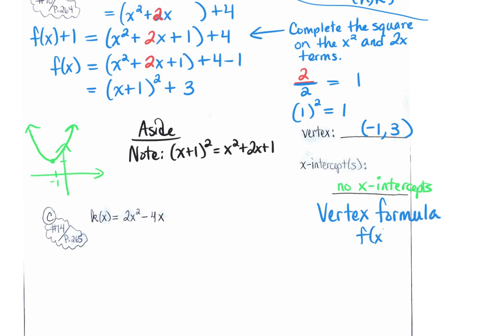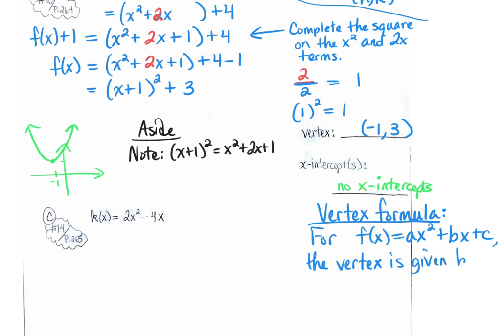If you have a given function f of x, a quadratic function ax squared plus bx plus c, then to identify the vertex, your vertex is given by negative b over 2a, comma, f of negative b over 2a.